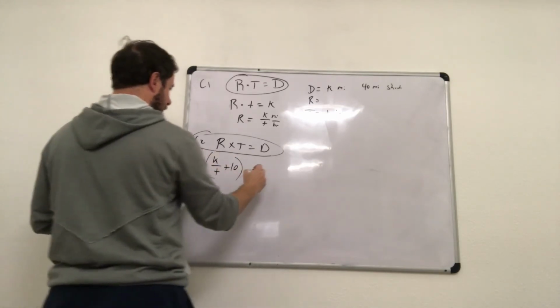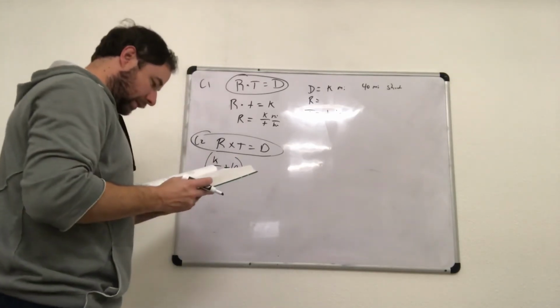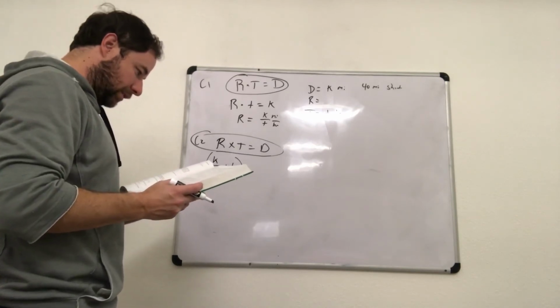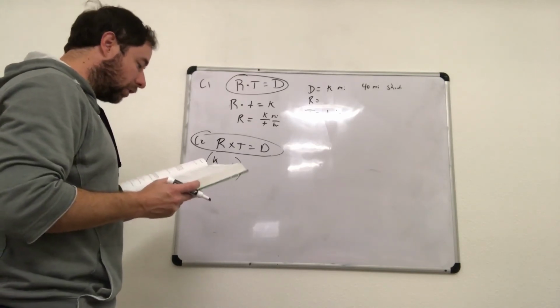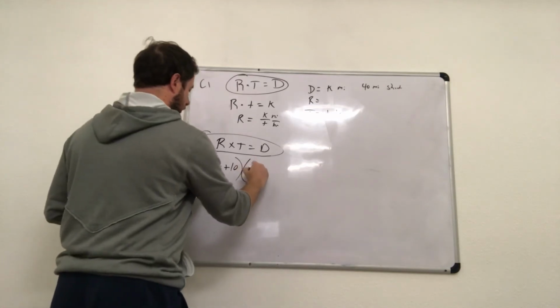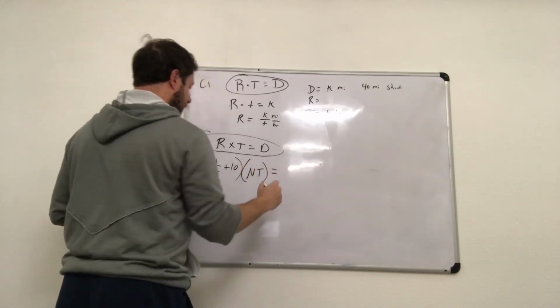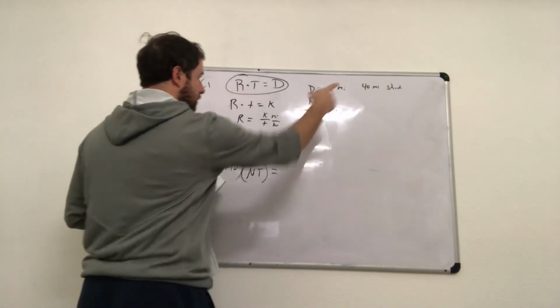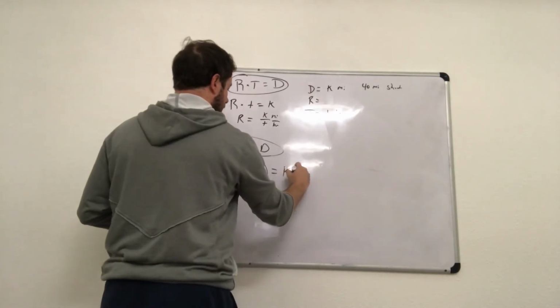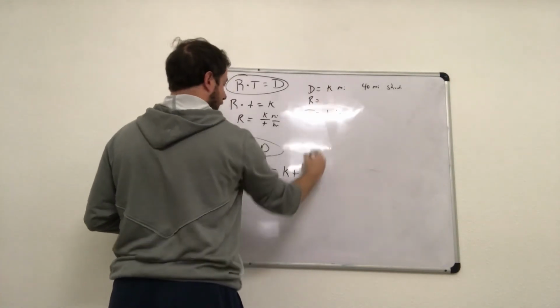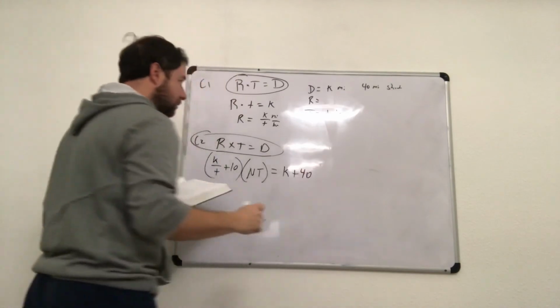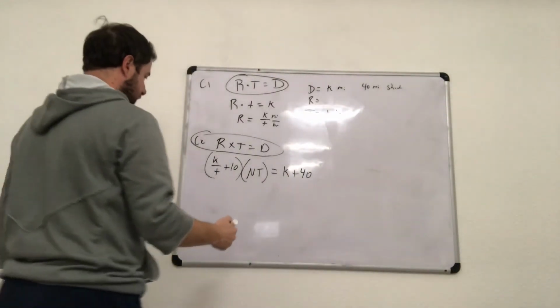This would be our new rate. And the question is, how long would it take? So we're looking for the new time and the new distance. We were 40 miles short, so the new distance is going to be what we had plus 40.